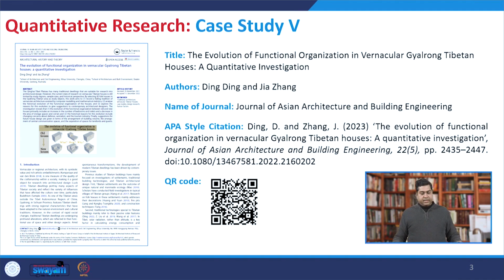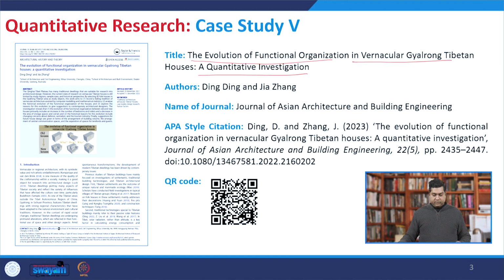Now here is case study 5, which is titled The Evolution of Functional Organization in Vernacular Garrong Tibetan Houses, a Quantitative Investigation. In the title itself, the authors have mentioned that it is a quantitative study.